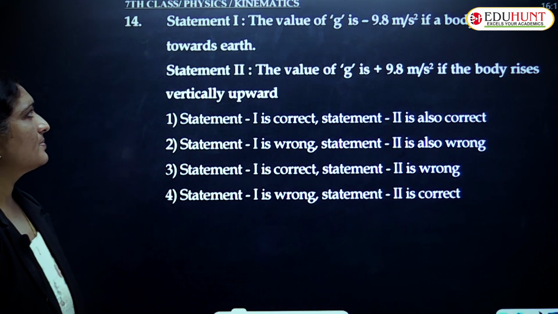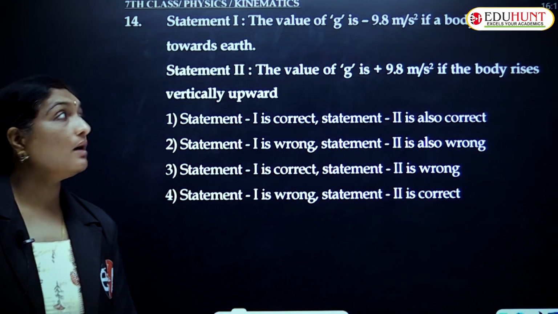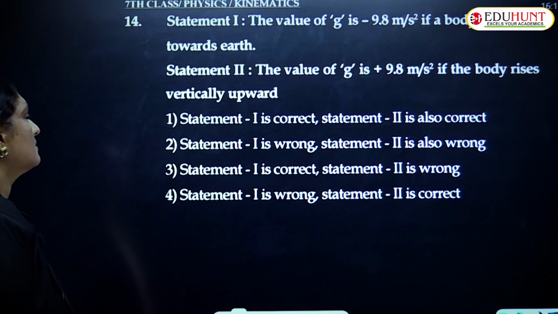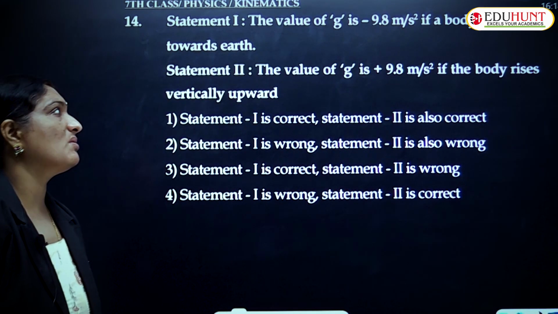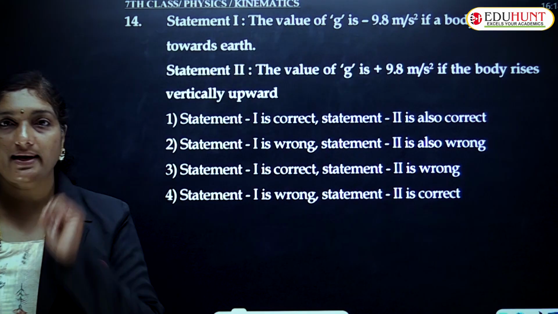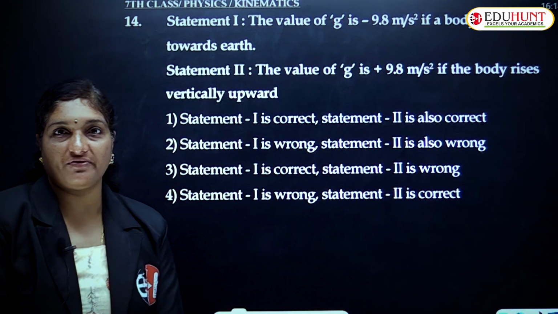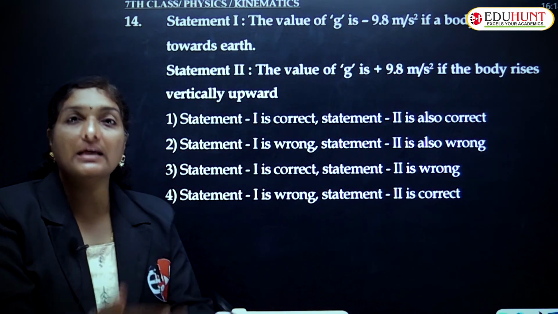Statement numerical problems. The value of g is minus 9.8 meter per second square if a body falls towards earth, and the value of g is plus 9.8 meter per second square if the body rises vertically up. Earlier I told you that acceleration due to gravity is maximum on the surface of the earth. As the body is approaching the earth, its value increases.